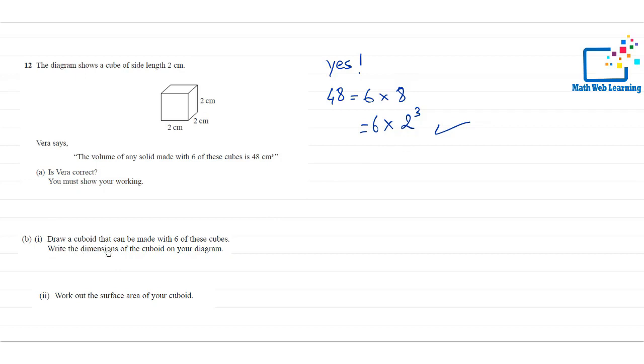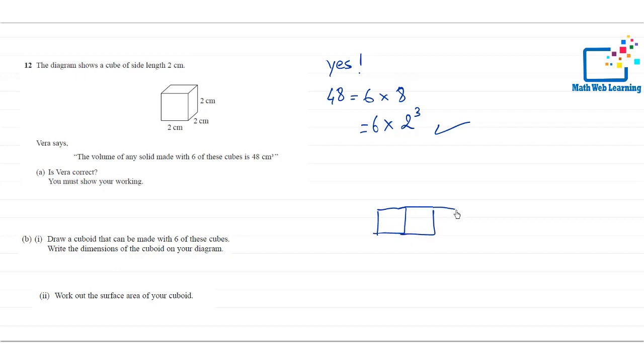Draw a cuboid that can be made with 6 of these cubes. Alright, this is not my preferred activity, but I'll try my best. Alright, so I'm going to draw 3. Keep it simple.